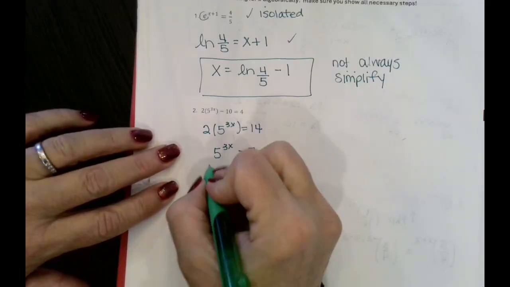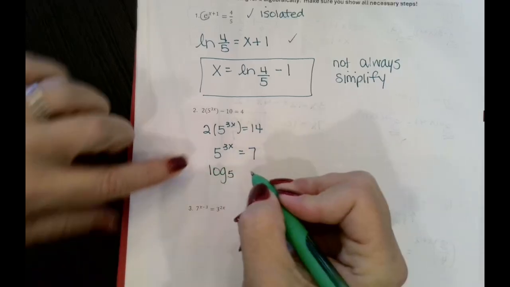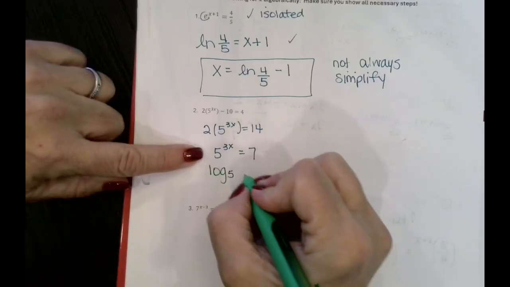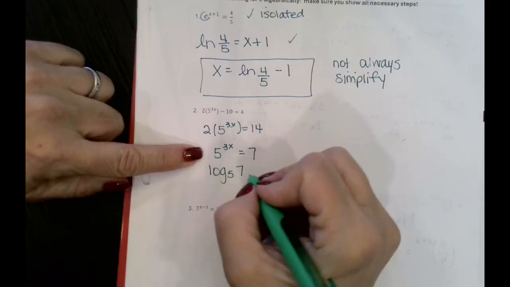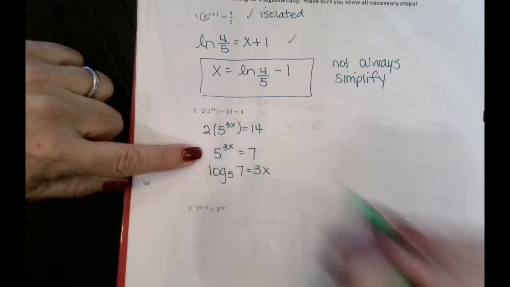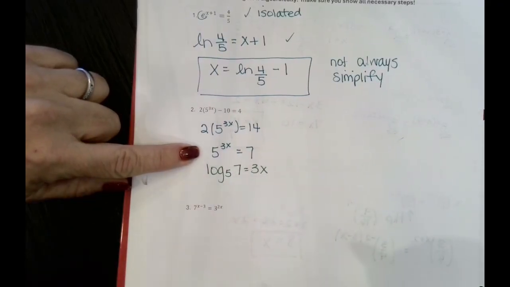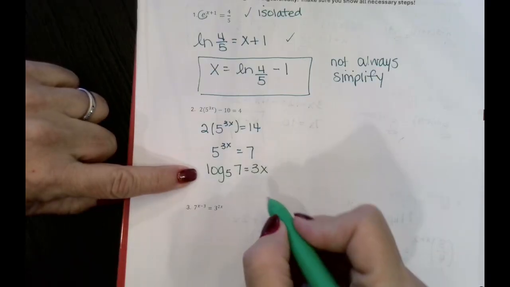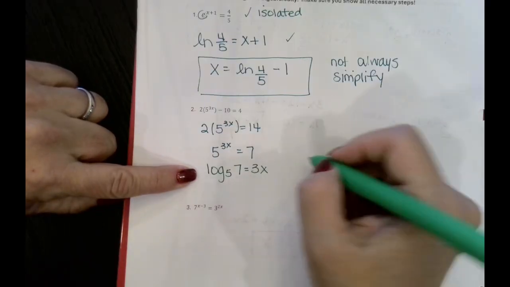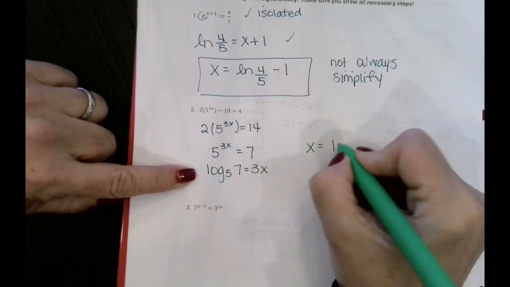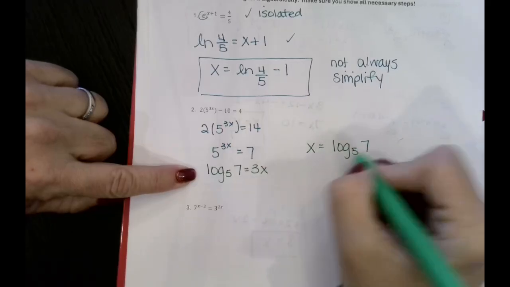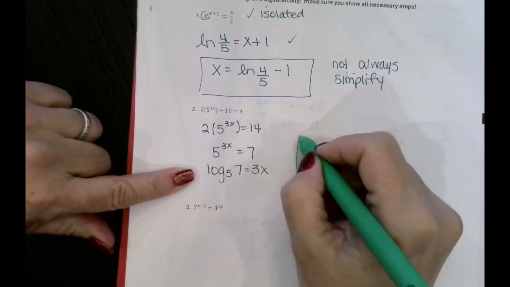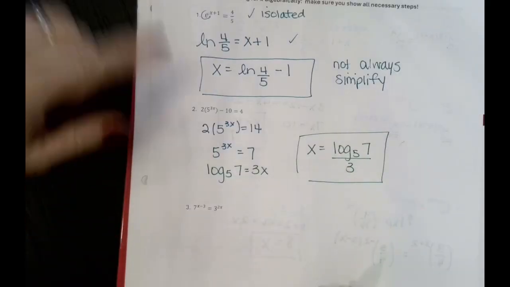So here I have log base 5 of 7 equals 3x. All right, so now I've got it in log form, and now I solve for x, so I'm just going to divide both sides by 3, and I get log base 5 of 7 over 3. And that's my final answer.